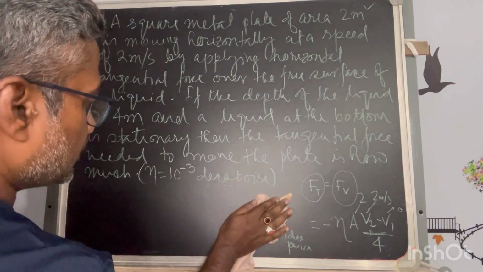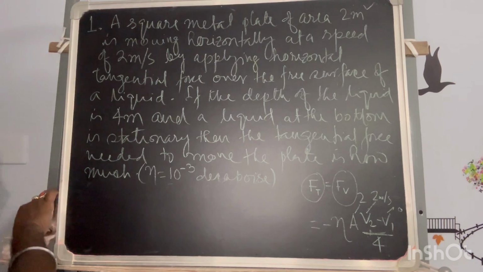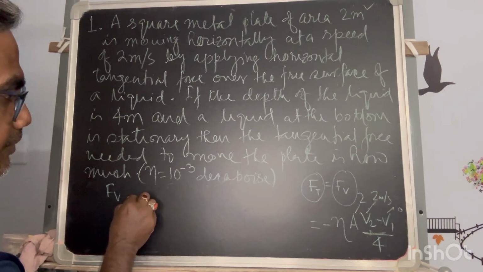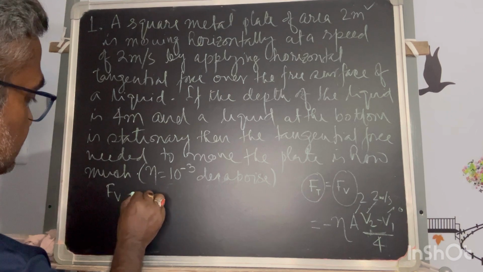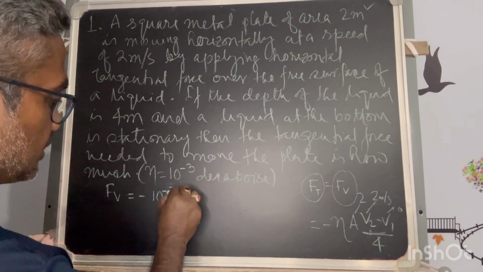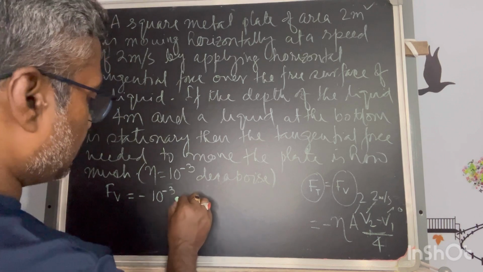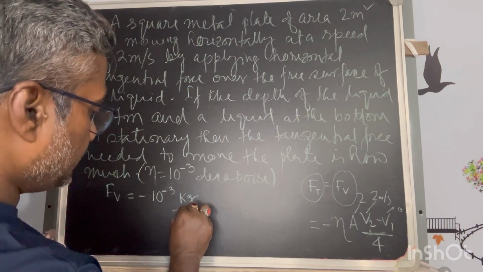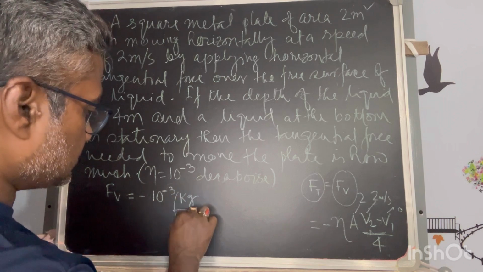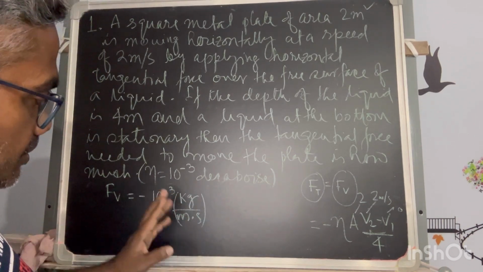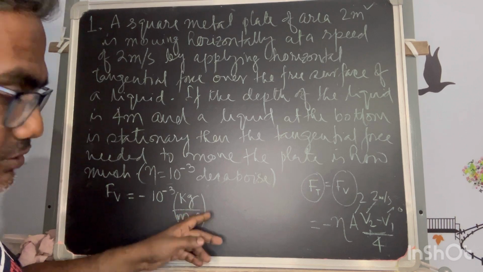Now I'll put in these values. Fv is equal to minus eta, 10 to the power minus 3 decapoise. I will talk about the units parallelly. I take kg per meter second, because this is your decapoise: 1 kg per meter per second is equal to 1 decapoise.